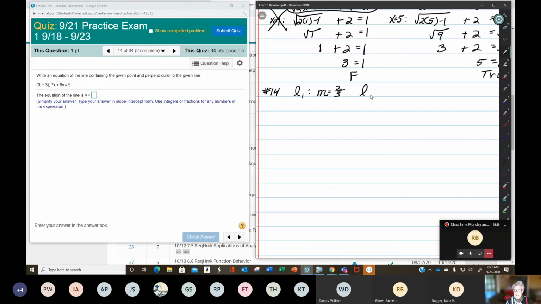If this line is perpendicular, that's the symbol for perpendicular, to that one, then its slope is going to be the opposite sign and the reciprocal. That's the relationship of perpendicular lines.